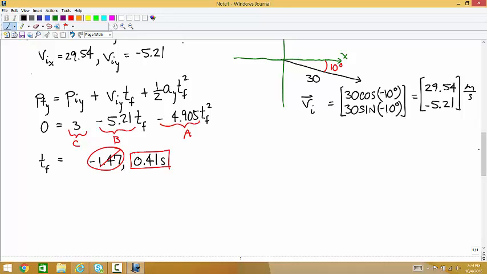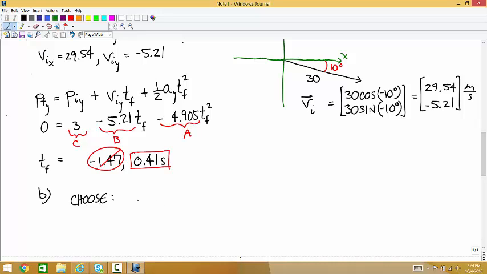Any other questions about that first part? So now we're going to go on to part B, and for that one we're trying to figure out how far away the ball hits the ground horizontally. So about those 4 things we have to choose at the beginning, is there any reason to change any of those?